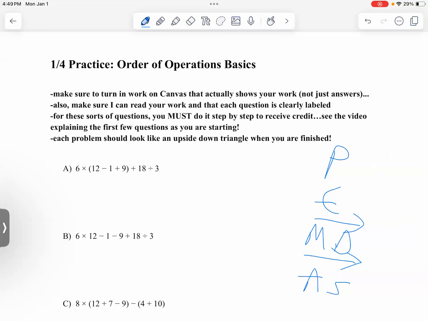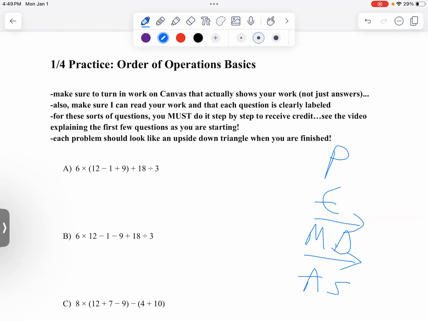Then multiplying and dividing left to right, and then adding and subtracting left to right. I will show you what that means. Multiplying and dividing are really the same step, and whichever one is on the left is the step that we do. The reason is just that's the way we decided to do math culturally. And so that's what we're doing.